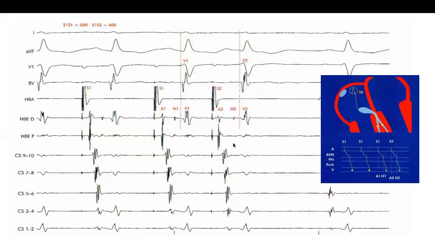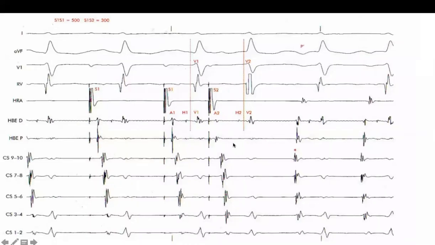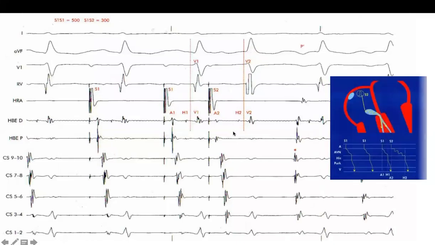So we expect that the AH is going to be more than the preceding one. If we decrease the S1 to S2 from 400 to 300 milliseconds, you are going to get an even longer PR interval in terms of AH interval.